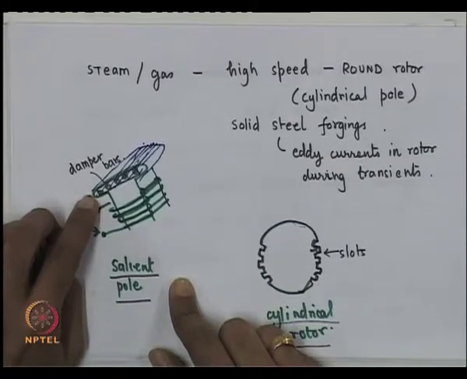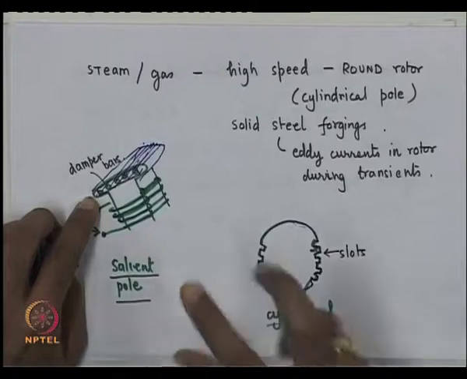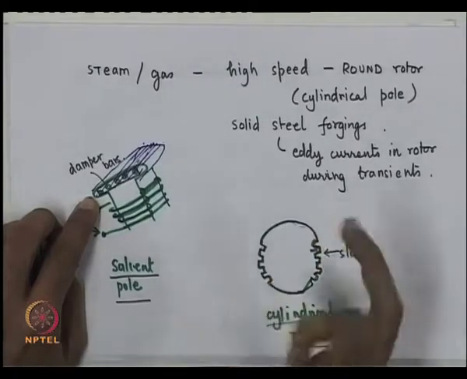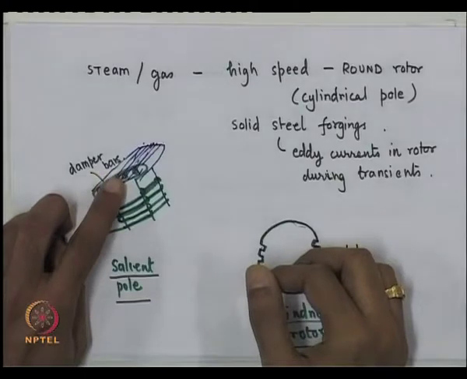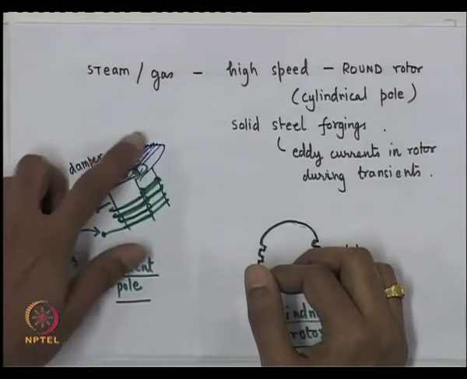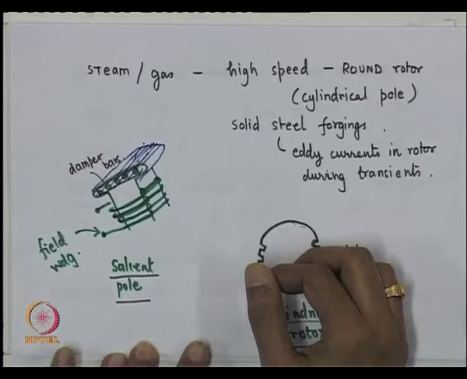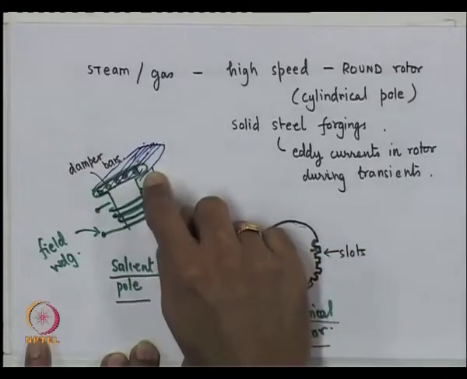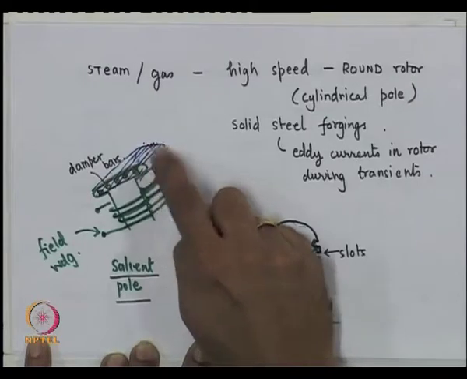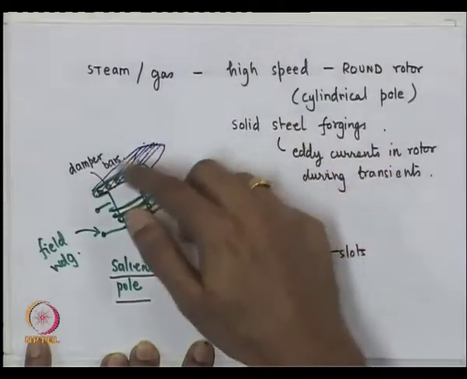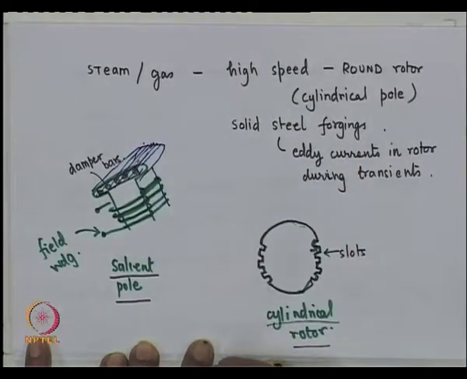Normally the flux created by the field winding, the three phase rotating flux, and the rotary motion of the rotor are all of the same speed. So, you do not have any EMFs generated in the damper bars. But during transients, of course, you have currents in these, and they are intended to damp out any transients which are occurring.